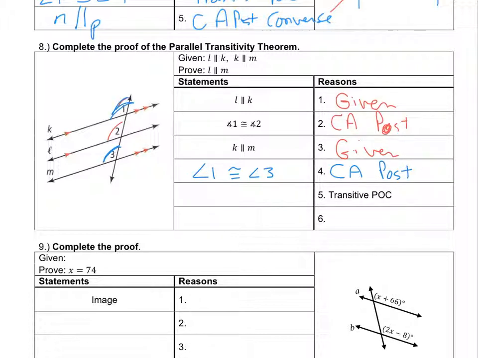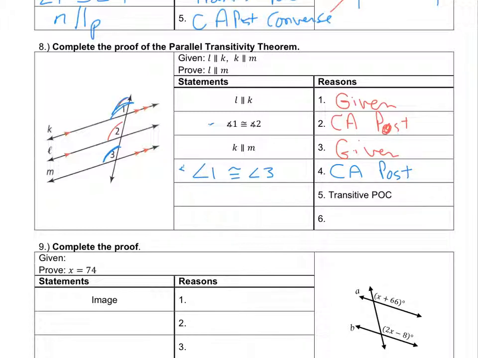Looking at what I have, they hint to us that the transitive property is the reason we can say the next statement. And if we look at what we've written, I see that I've written angle 1 in two different spots equal to two different angles. And as we talked about what transitive means, transitive is the training together, the linking, the hooking together of two ideas.